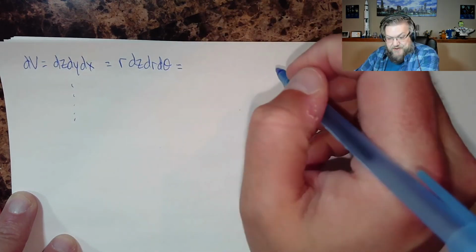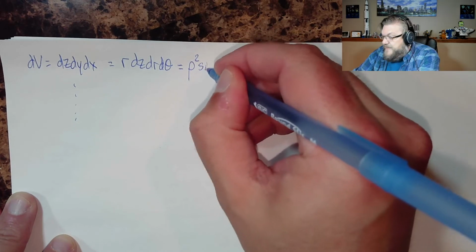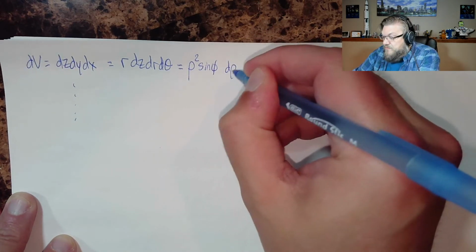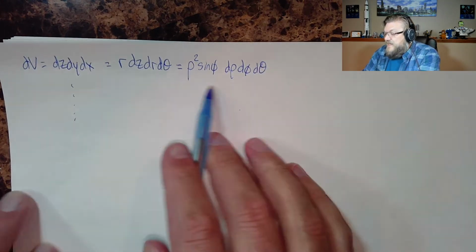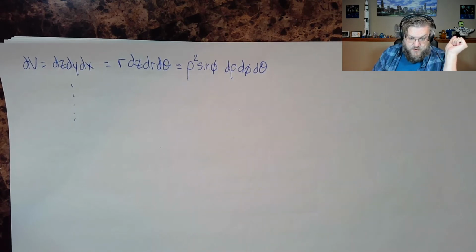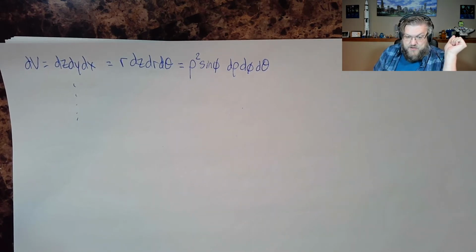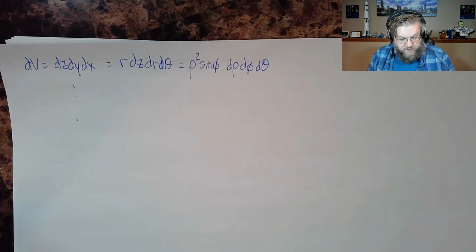And now we have a third option with spherical coordinates: rho squared sine phi d rho d phi d theta. And so that is how dV gets unpacked in the spherical world. Now, this is going to be great when working with spheres and certain spherical-topped cones. And there are all sorts of applications for this, all based on the geometry that you're working with.